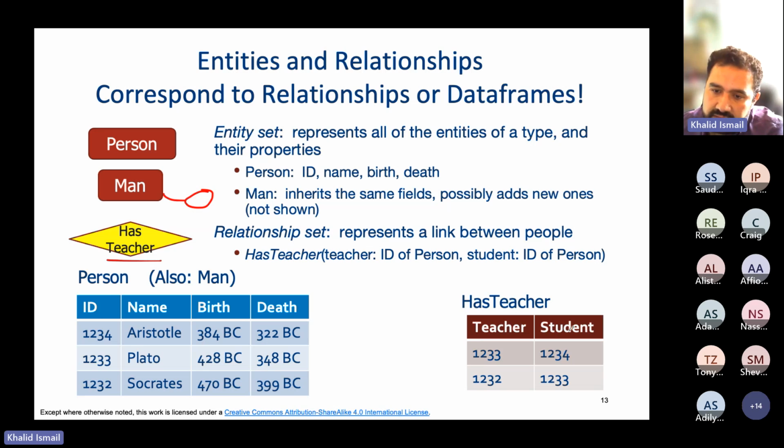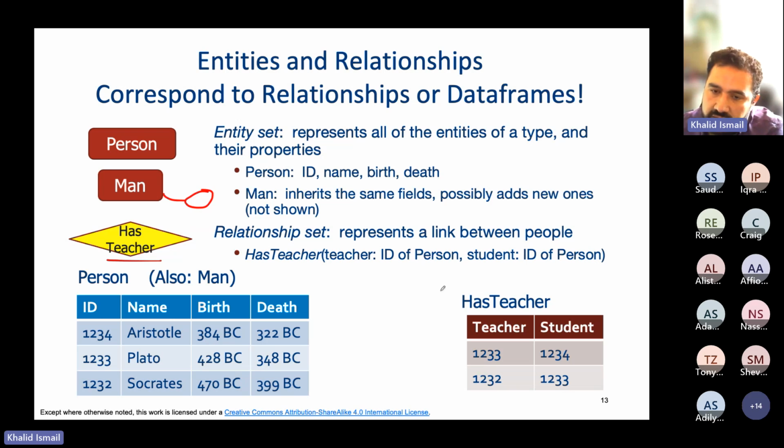So in this table, or data frame, we call it has a teacher, which links the teacher and the students. You can see here that the teacher is 1233, which is the ID of Plato, and the student is 1234, which is Aristotle. And the same thing here, 1232 is the ID for Socrates, who is a teacher, and Plato.